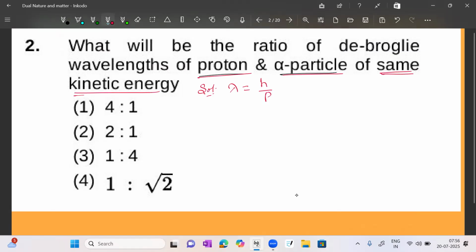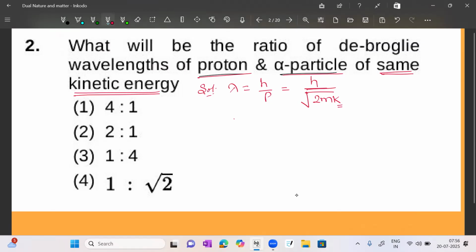This is important, as most students commit the mistake by taking mass and all. Whenever kinetic energy is given, we use the formula lambda equals h by root 2mK, where h is Planck's constant.